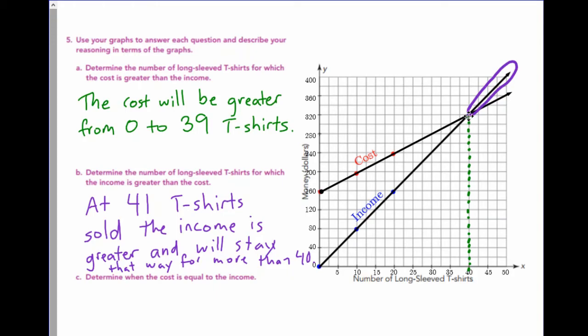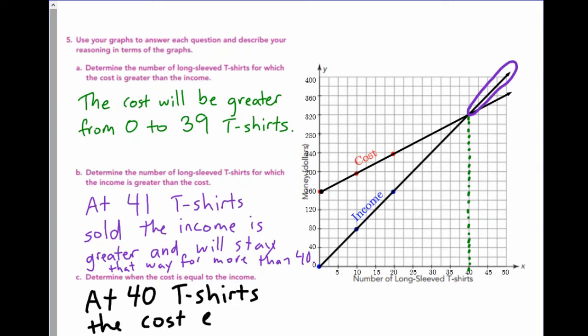All right. Determine when the cost is equal. Well, obviously, if the cost is greater at 39 and the income is greater at 41, right in between those is 40. So at 40 t-shirts, the cost equals the income.